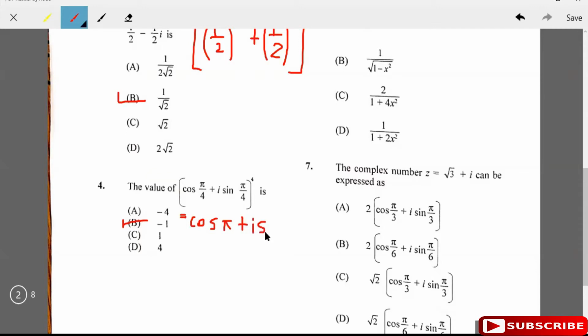That's De Moivre's theorem. The cosine of pi is minus 1 and the sine of pi is 0. So it's -1. Easy.